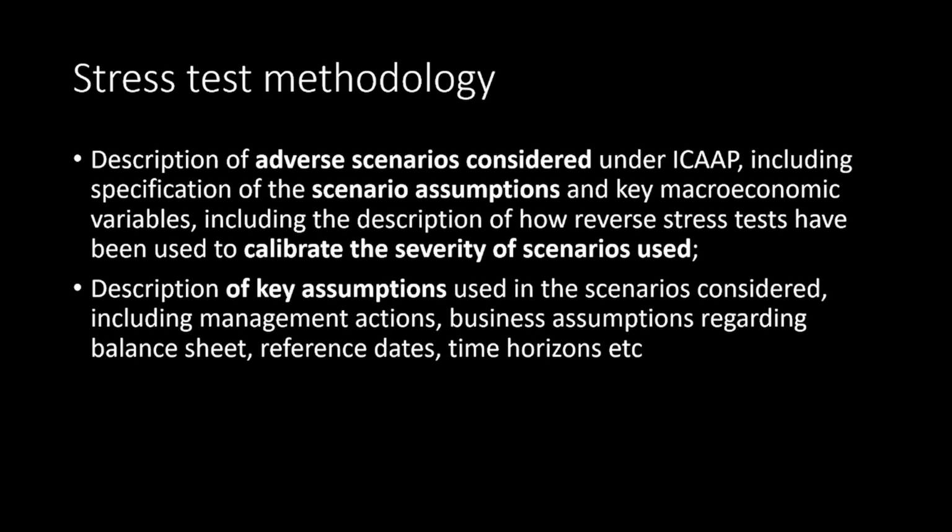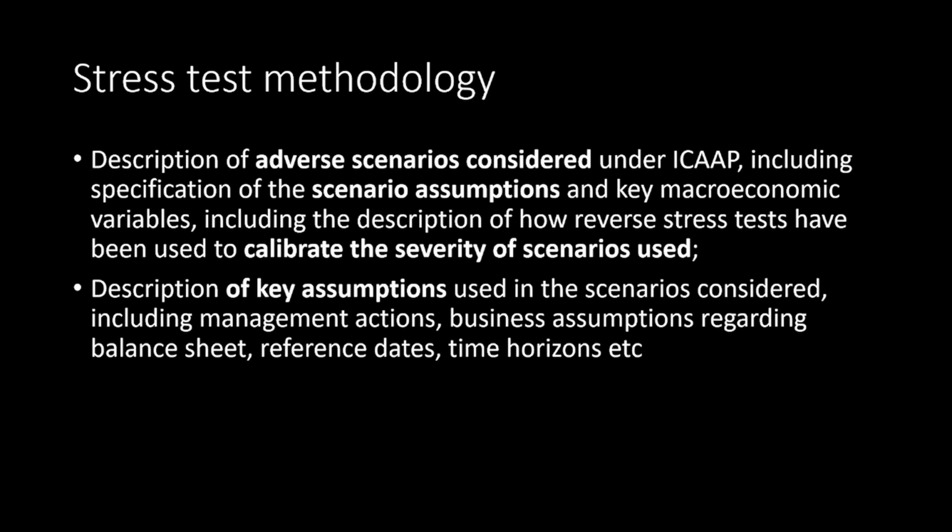And then description of key assumptions used in the scenarios considered, including management actions, business assumptions regarding balance sheet, reference stage, and time horizon. So yeah, it could have a short-term impact, it could have a medium-term and long-term impact. What management actions are expected to be taken in adverse scenarios if something bad happens?